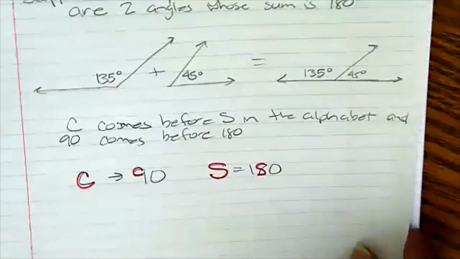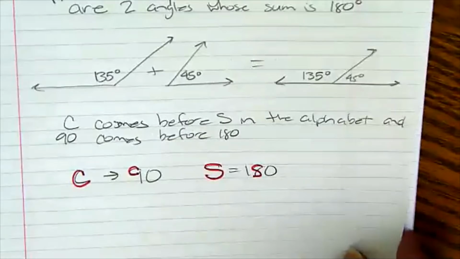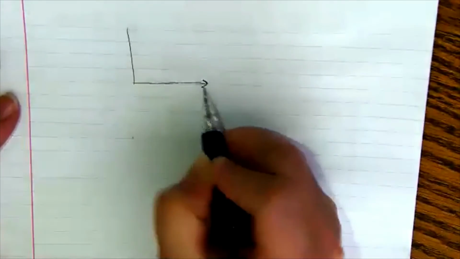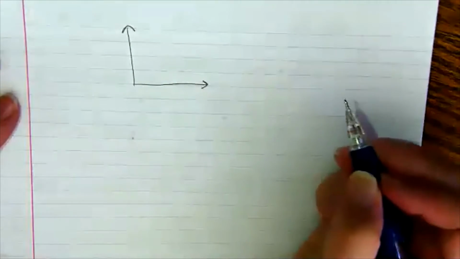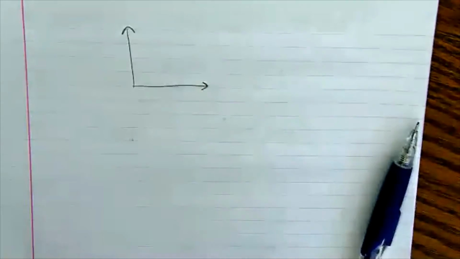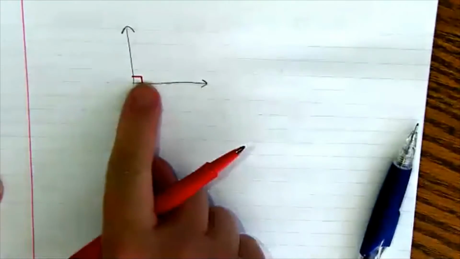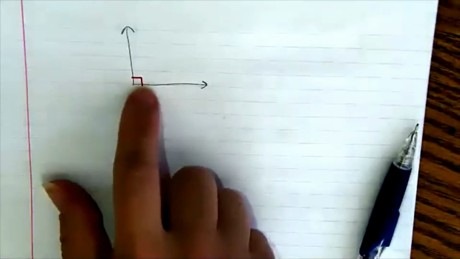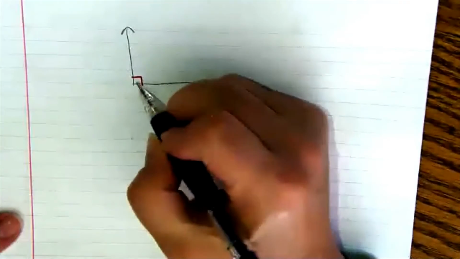So what does this mean in terms of algebra? Why do we need to know complementary and supplementary angles when we're talking about algebra? Well, we have an angle that looks like this, and they tell us it is a 90-degree angle because they've given us that corner right there.